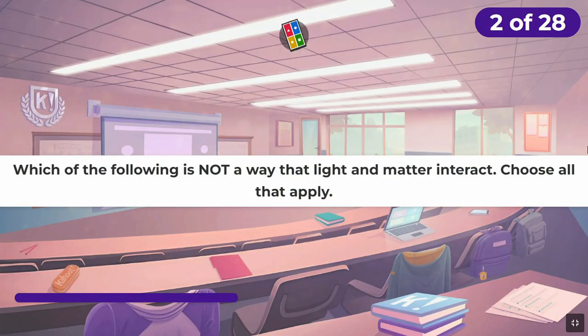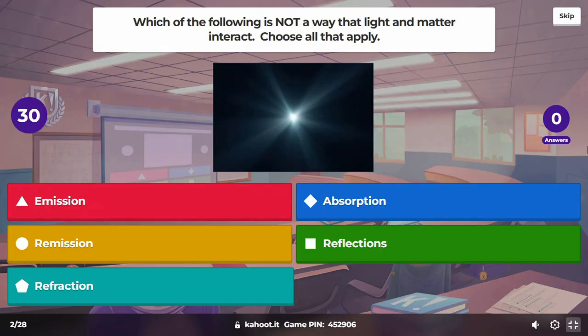So just to review, we've talked about light and matter interacting before. So which of these is not a way that light and matter interact with each other?